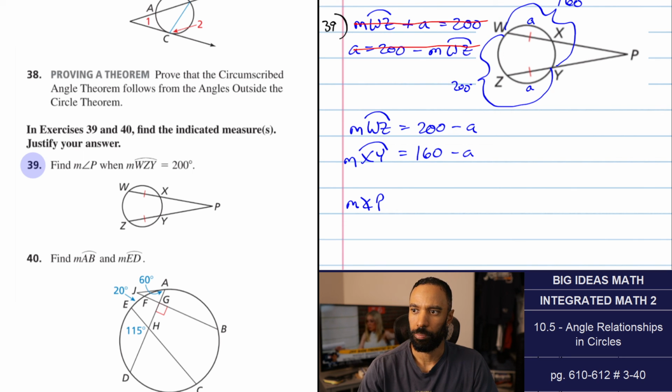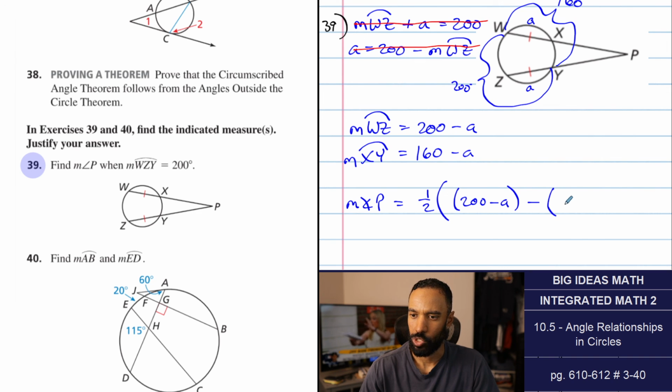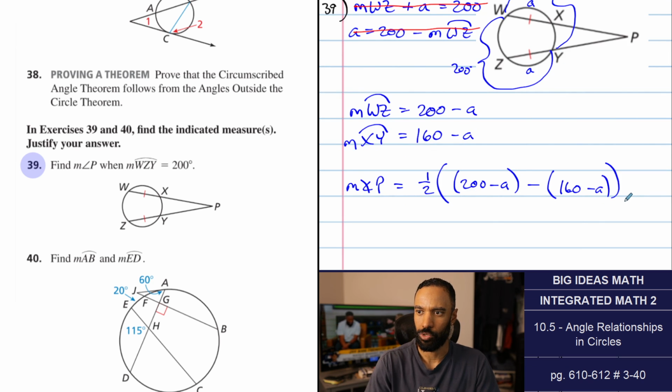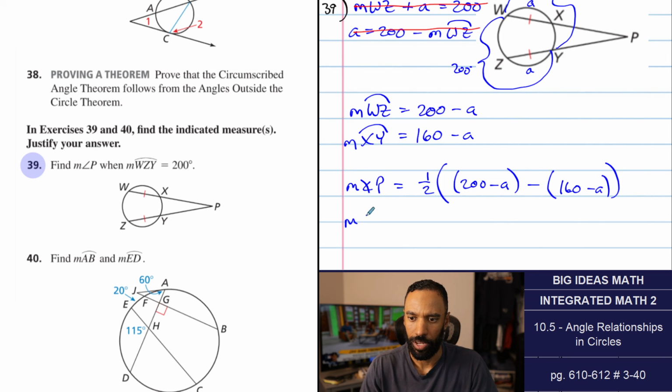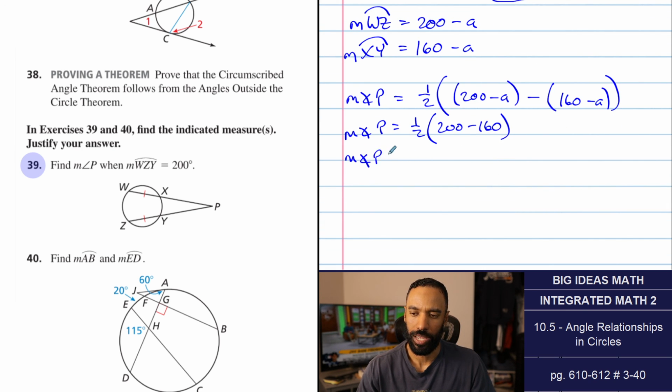So the measure of angle P is 1/2 of WZ minus XY. Yeah, I don't know if the A's really matter. The fact that they're the same is kind of helpful enough. So measure of angle P is 1/2. I think the A's cancel here. Negative A minus negative A is plus A. You get 200 minus 160, which is 40. So measure of angle P equals 40.